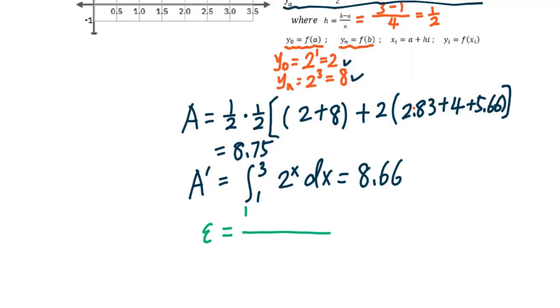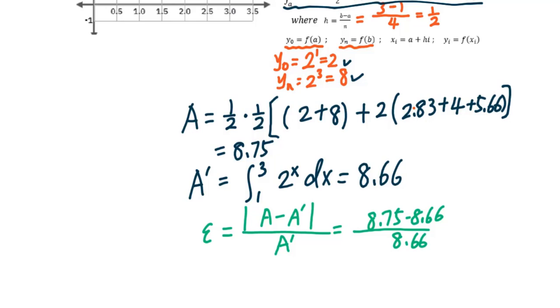It will be the absolute value of A minus A prime over the exact value, which is A prime. So you will get 8.75 minus 8.66 over 8.66 equals 1.04%.